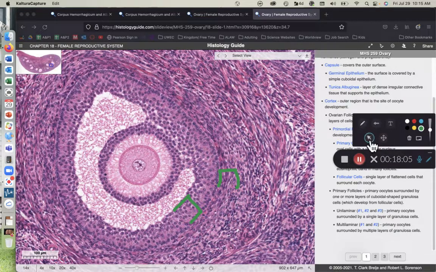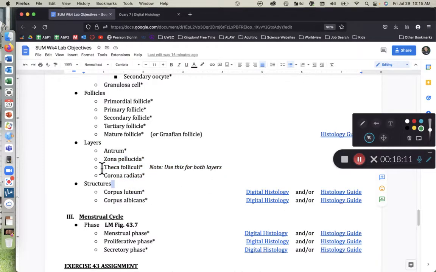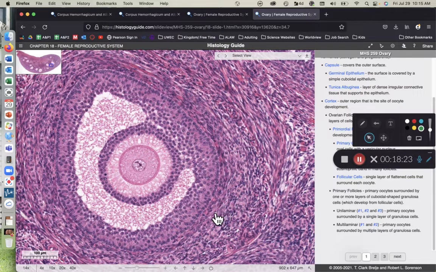On our lab objective sheets, that's the theca folliculi. A lot of sources will say that there's an internal and external theca folliculi. We're just going to group them all together and say that all of these squamous cells that are superficial or exterior to the cuboidal cells will be the theca folliculi of the follicle.